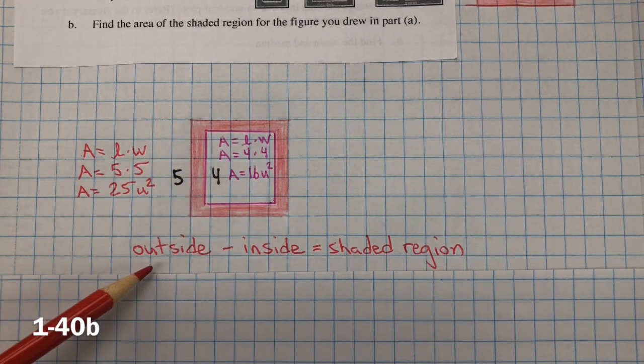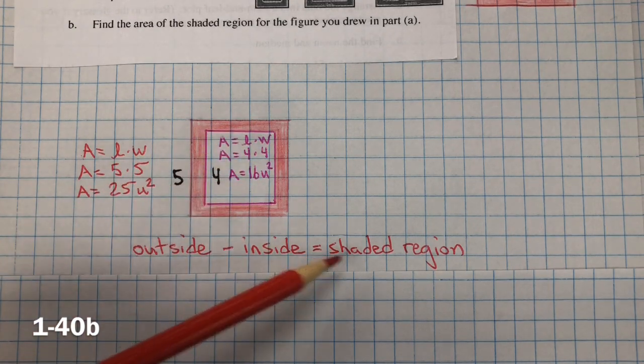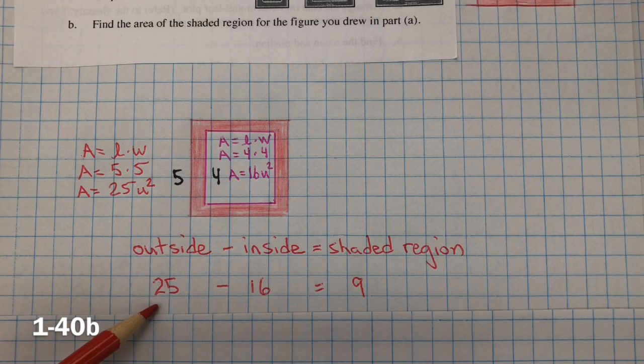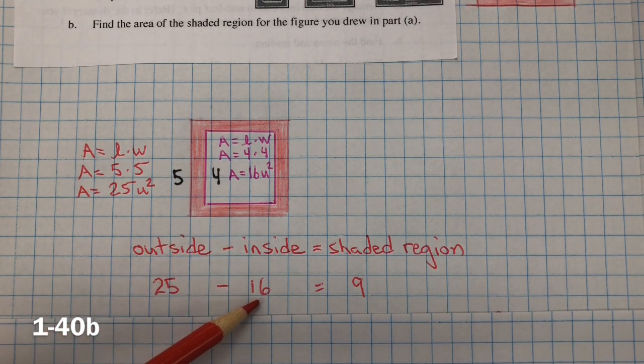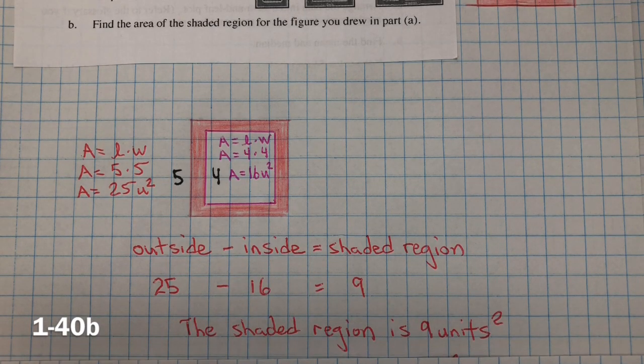So we have the outside minus the inside will equal the shaded region. Outside is 25 units squared minus inside 16 units squared, which equals 9. So the shaded region is 9 units squared.